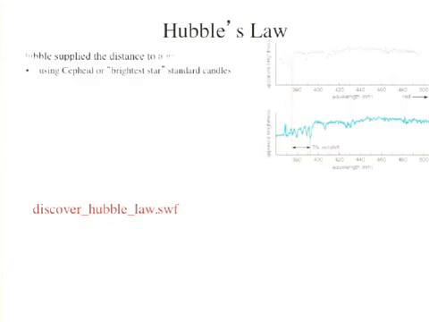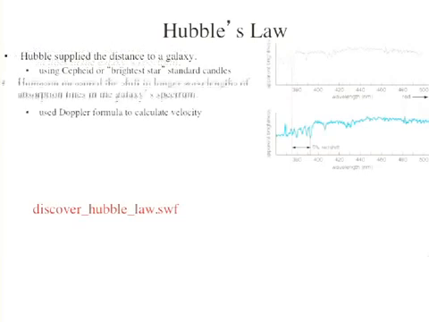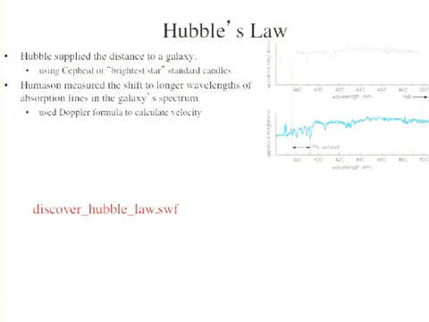Okay, Hubble supplied the distances, and he used the Cepheids. All right, so he measured the distances to every galaxy, and then measured the spectra of the galaxies and measured the velocity of them as well. All right, now Humason was a mule driver who worked with Hubble at the telescope.